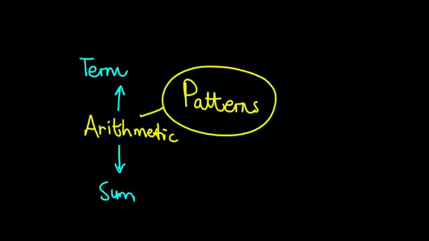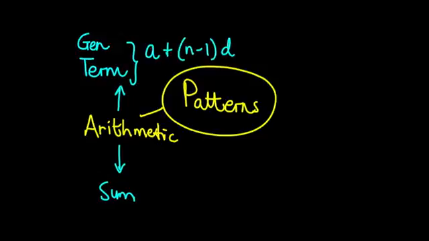So the general term that we focus on is a plus (n minus 1)d. And the sum of all the terms in a sequence, which we then call a series, is 2a. Let's not get ahead of ourselves here. 2a is part of the formula, but it's not the start of the formula. So the sum would be n over 2 into (2a plus (n minus 1)d).